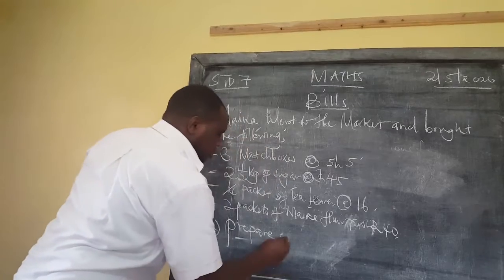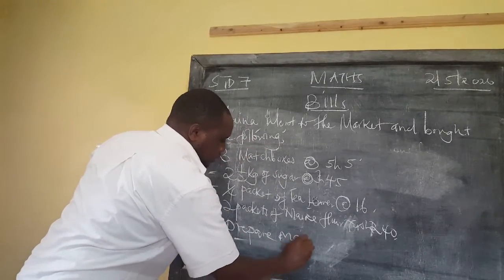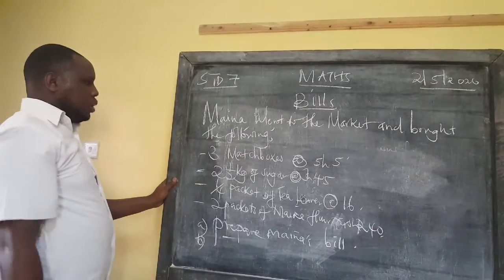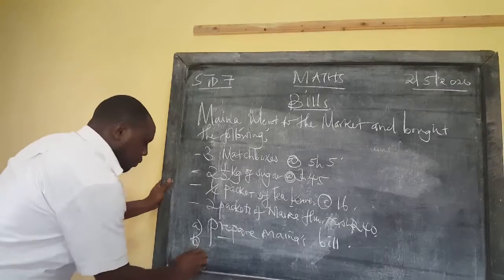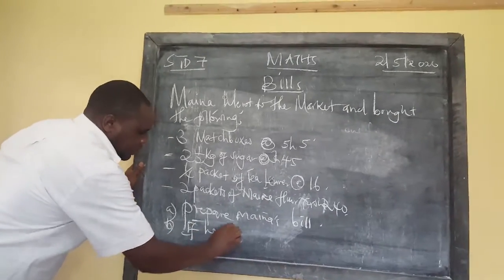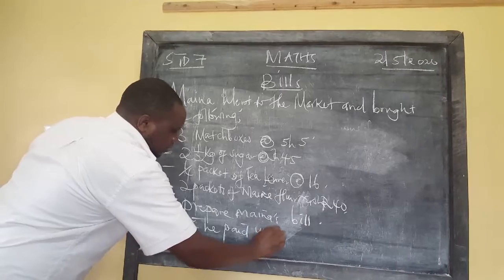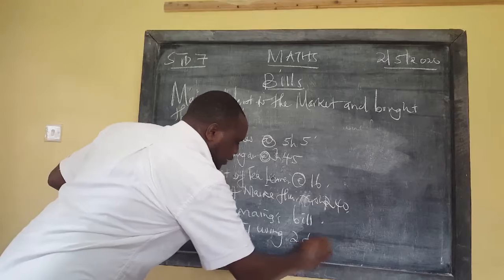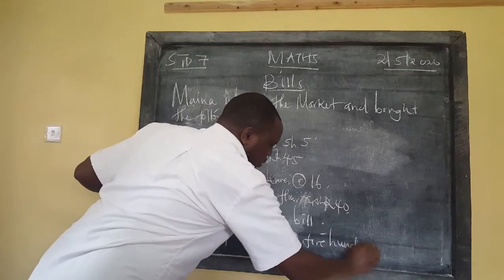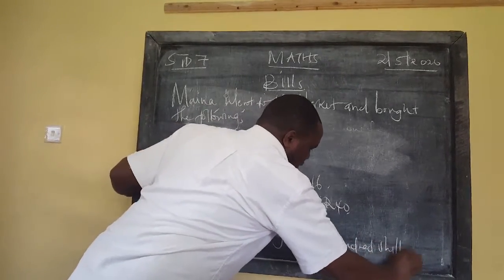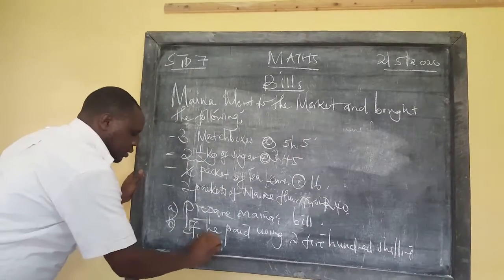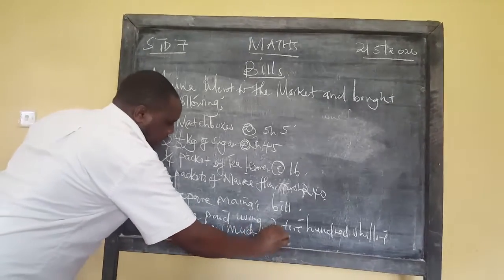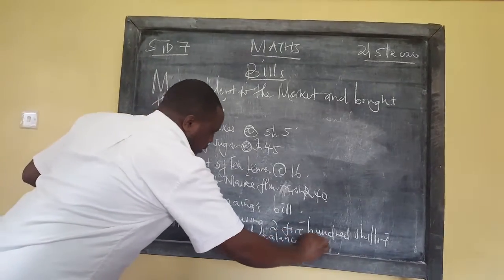Question number 2. If he paid using 500 shillings notes, how much balance did he receive?